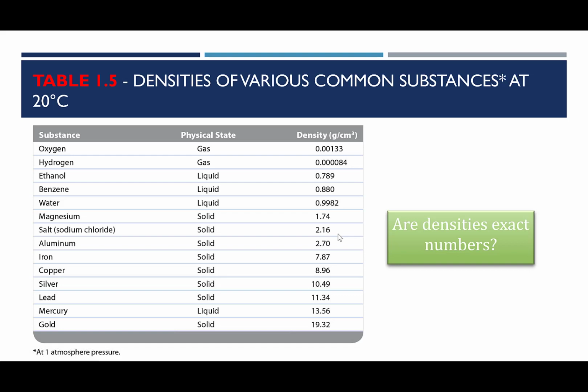And it is possible for most of these materials to get more significant digits than what we're seeing here if we use the information that can be gleaned from more advanced analytical experiments. And in fact, if we look up various sources, we might be able to find these densities to larger numbers of significant digits. So it is not an exact number. These are based on measurements and therefore are not exact.